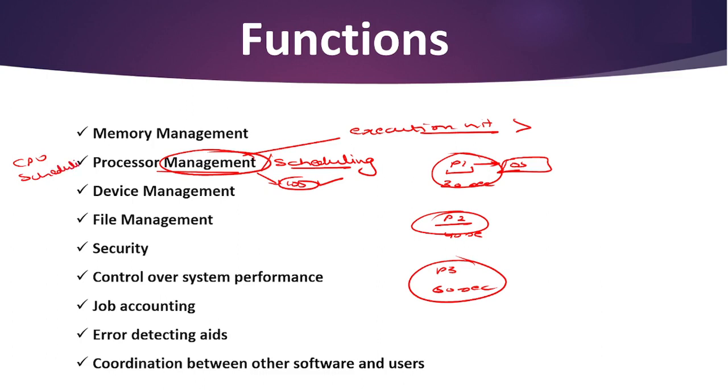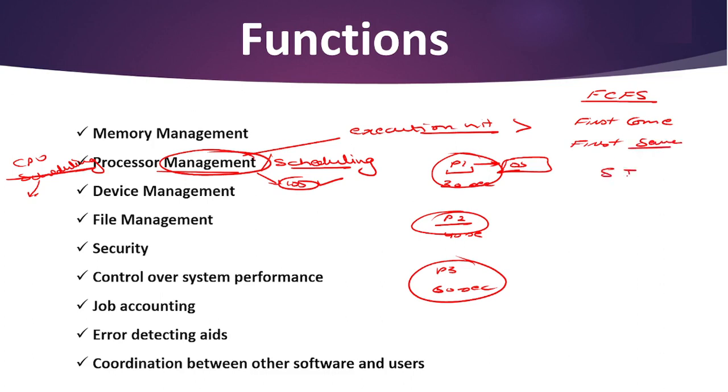This is a very important topic. We have so many CPU scheduling types, and we will discuss everything in detail in the next video. You can note it down. First CPU scheduling we have is FCFS, which means first come, first serve.